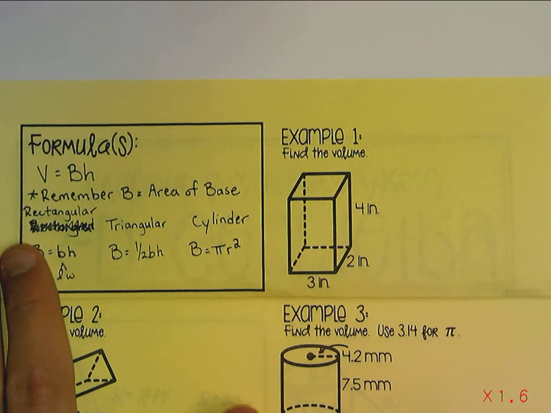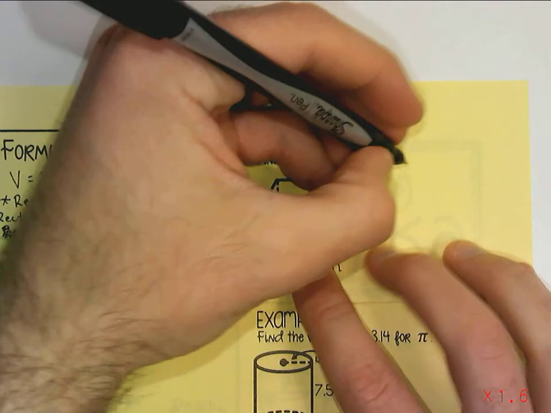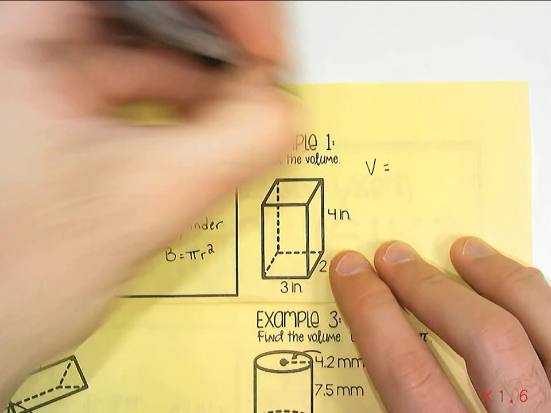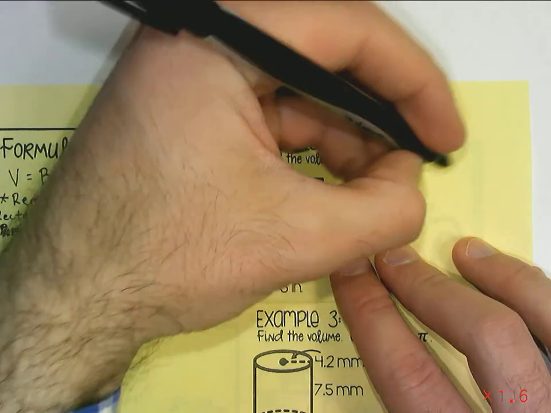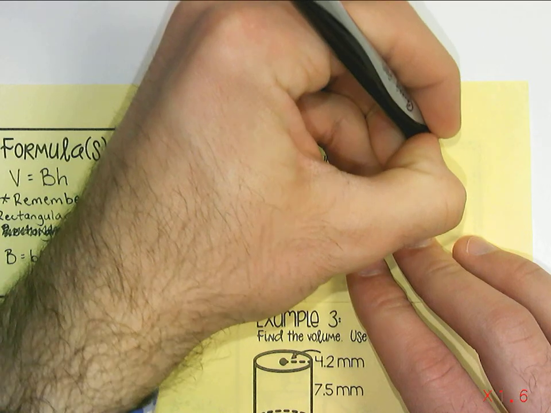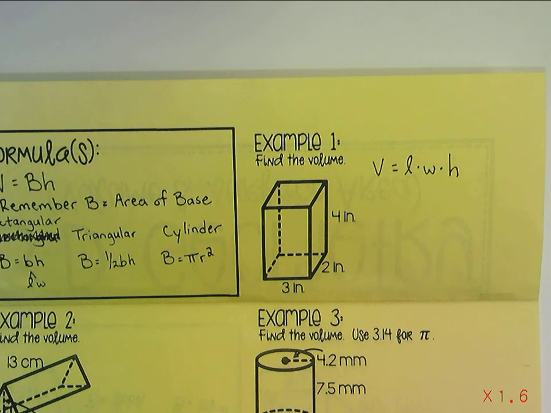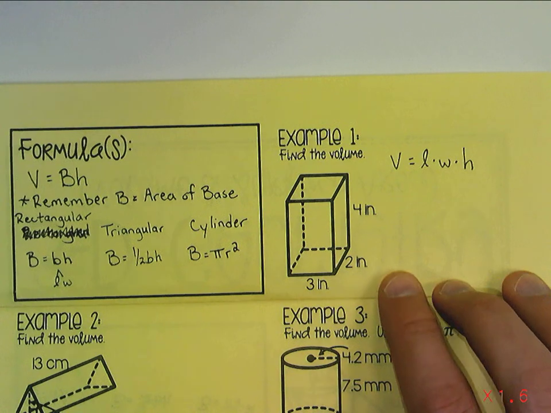example 1 here with the rectangular prism. So we know that volume equals, I'll change this to length times width because that's what we're used to, so length times width times height. We should always write down whatever the equation is first before we start working with it.